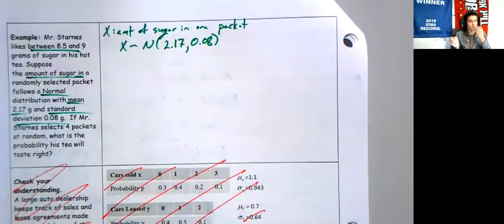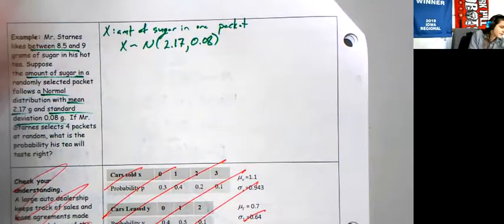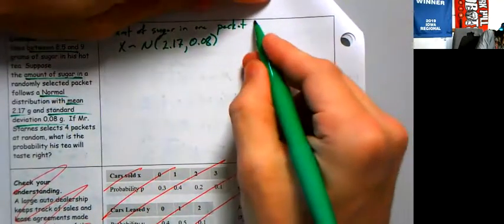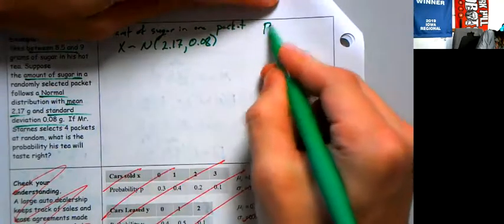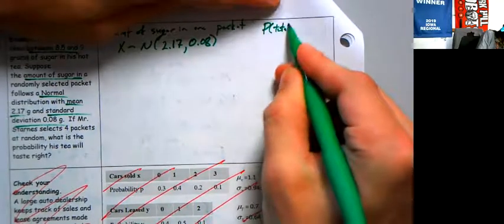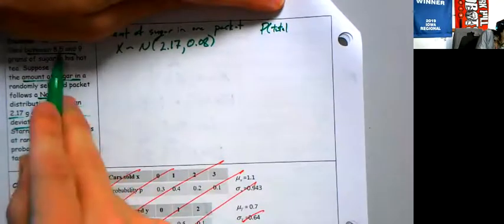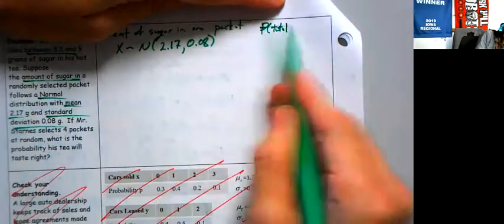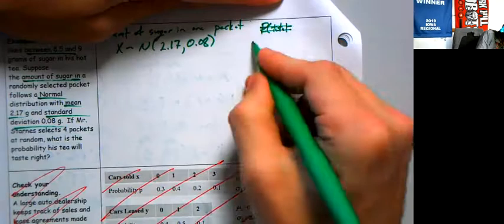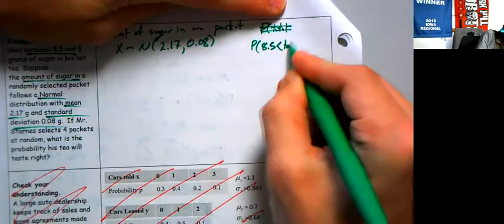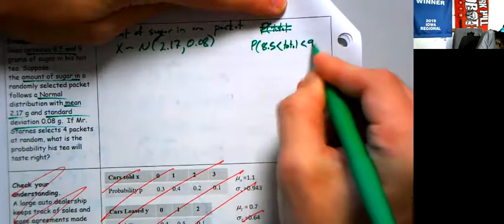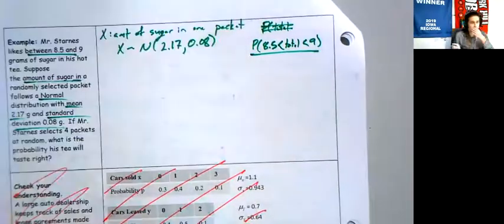That would be a good first thing to write down, because I'm going to be putting sugar packets together. Ultimately, I want to know about the total. I want to know the probability the total is between 8.5 and 9. So it needs to be a two-sided inequality, probability 8.5 less than total less than 9. This is ultimately what we're looking to find.